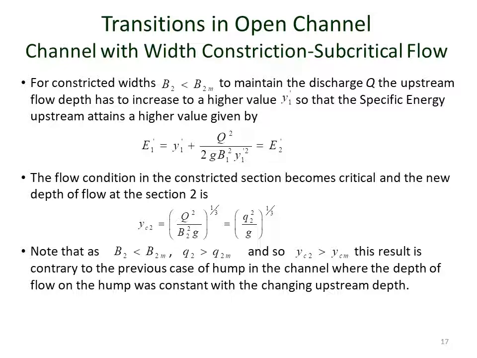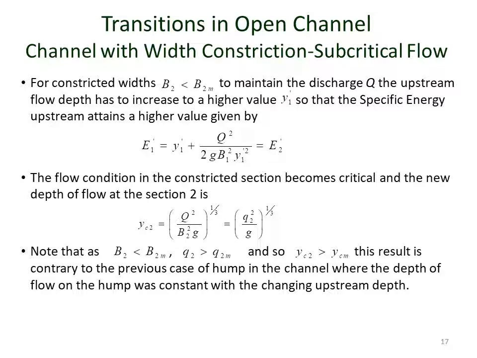At this condition the downstream flow condition will be a critical one, and the critical flow depth will be given as YC2 equal to small q2 square by G to the power 1/3. Now note one important thing here, that capital B2 is less than capital B2M, so small q2 will be greater than small q2m.